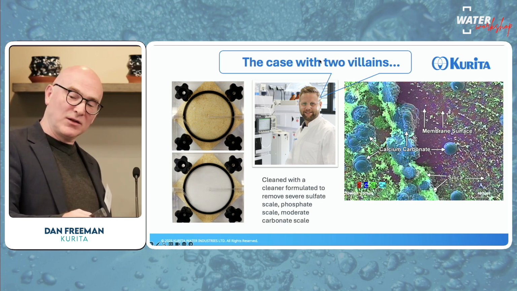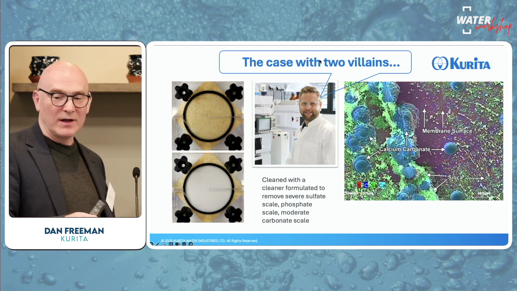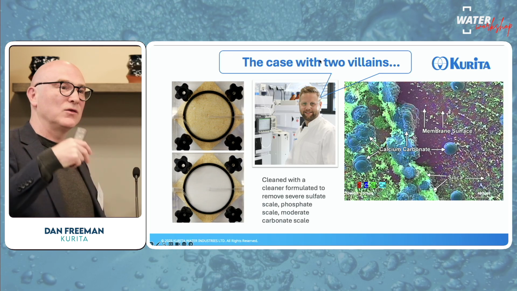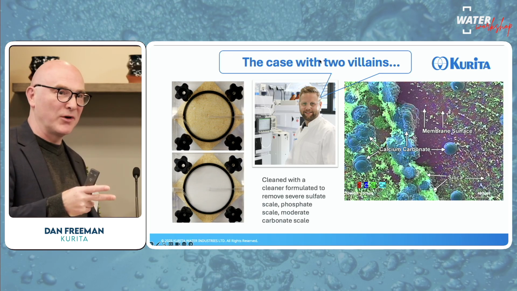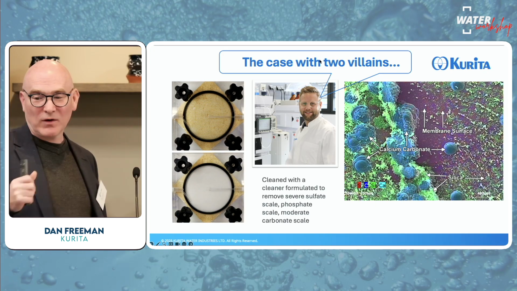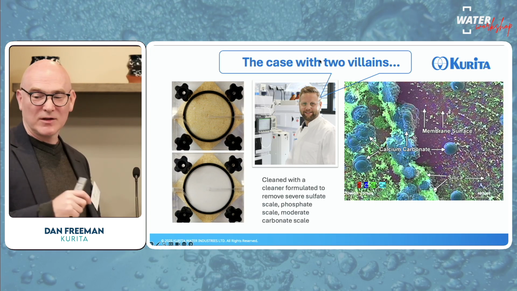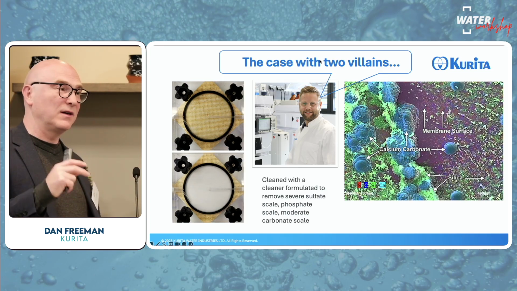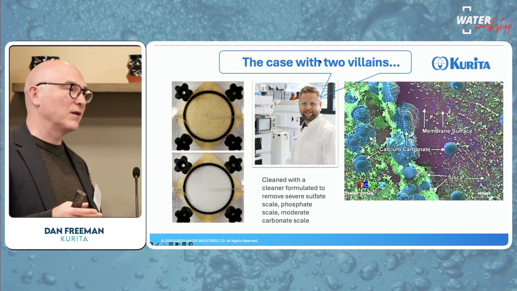Okay, this is another situation that we see quite regularly, whereby you don't necessarily see a single problem on the membrane. In this case, we've got two different scales. We've got silica scale and we've got calcium carbonate scale. Now, those two scales require different treatments in order to recover the membrane.